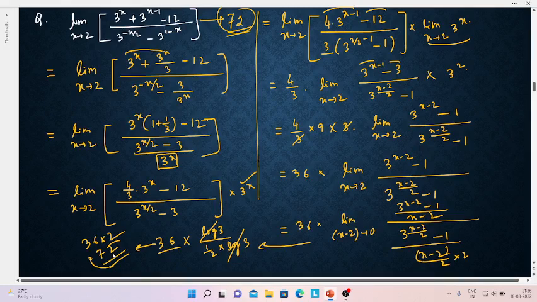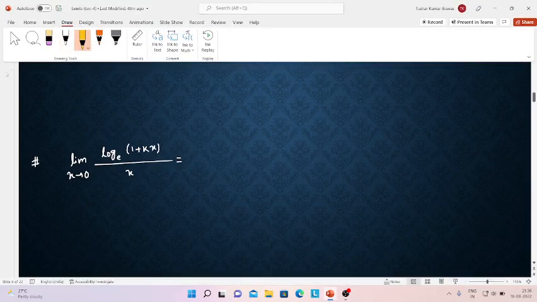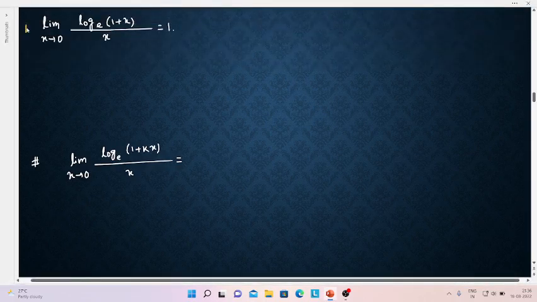Okay, so let's move to the next slide. Yeah, so here two formulas are given to you. The first formula is limit x tending to 0 log 1 plus x with base e upon x is equal to 1, right?